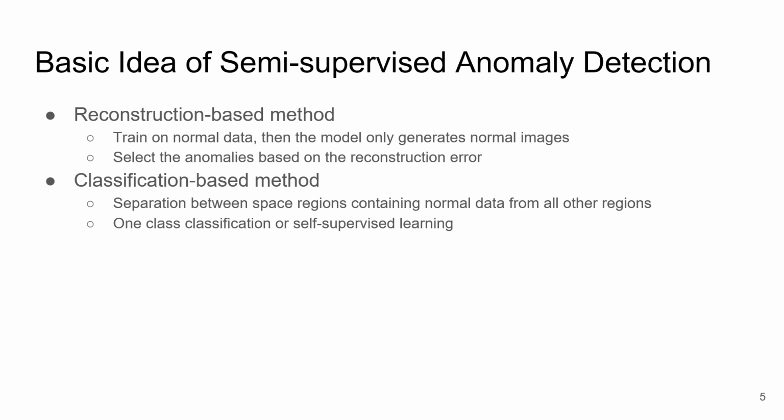We separate our feature space into two or more regions, with one region containing only normal data, and the other regions for our anomalies. The two classic techniques of this method are one-class classification and self-supervised learning.